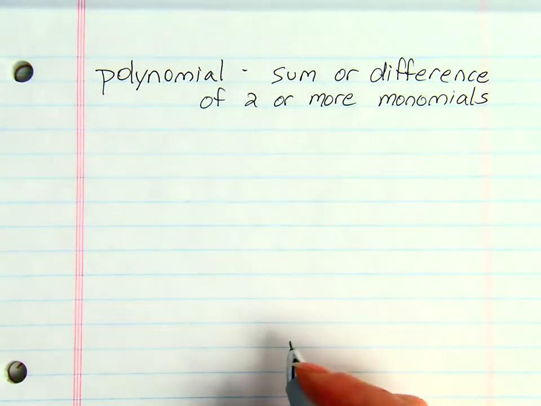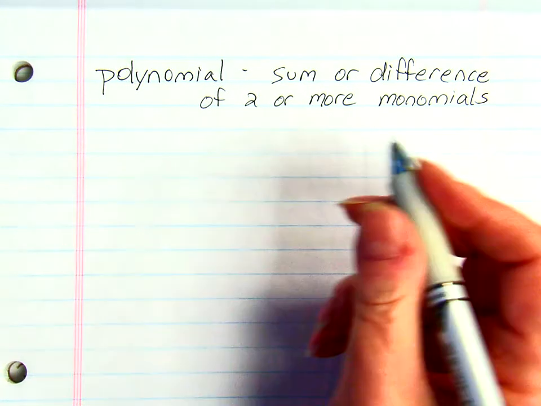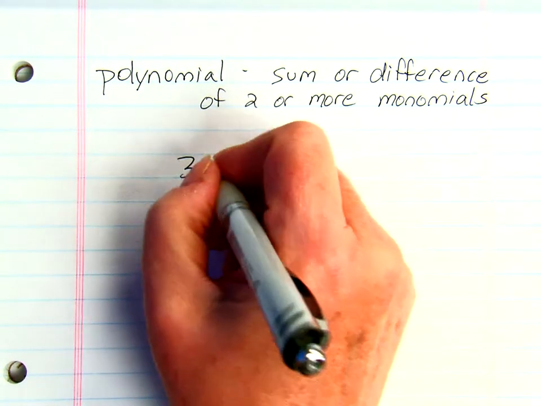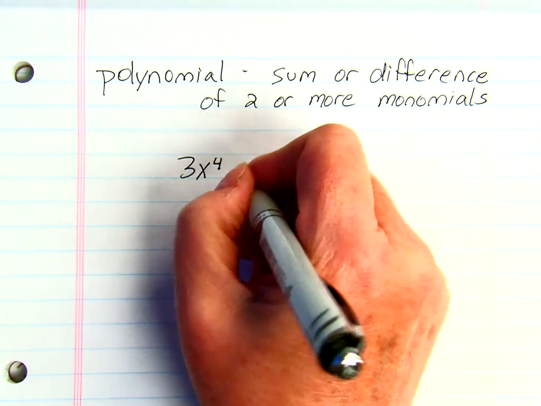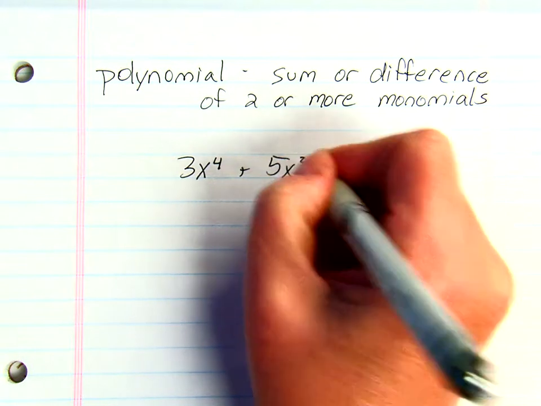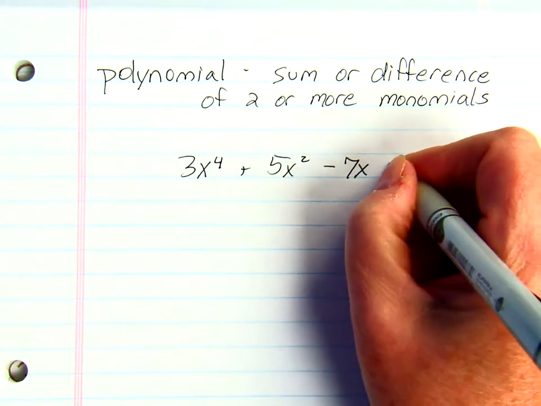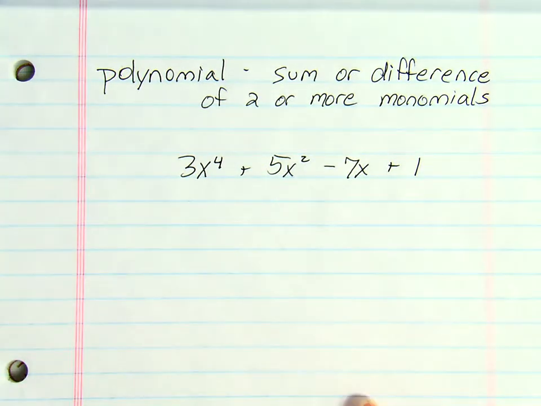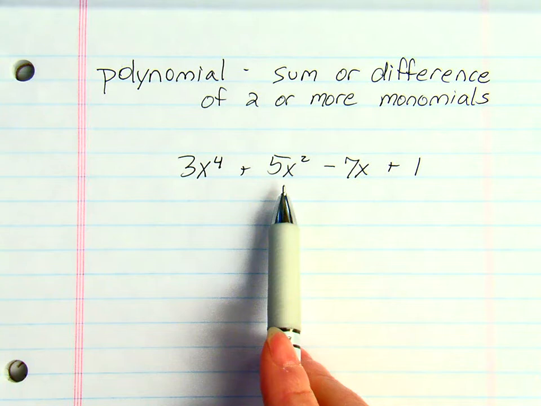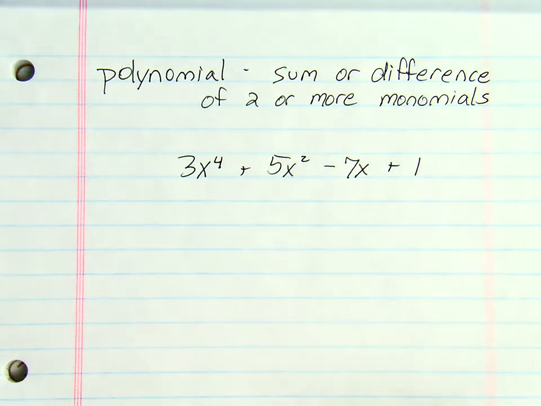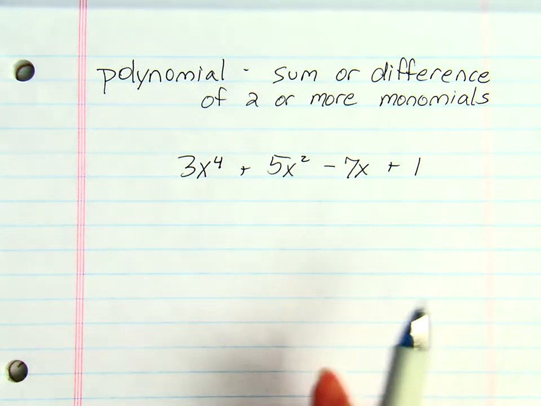So let's look at 3x to the 4th plus 5x squared minus 7x plus 1. Okay, so this is a polynomial. Notice that it is made up of 4 monomials. We don't really worry about the number of monomials, we just call this a polynomial.